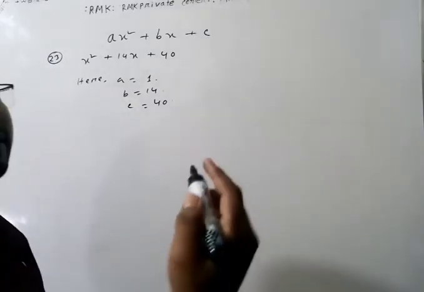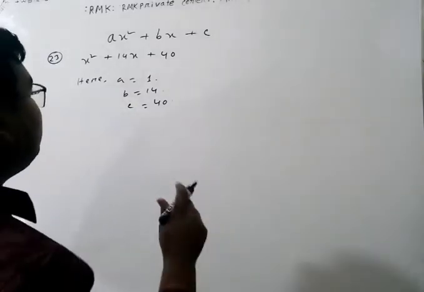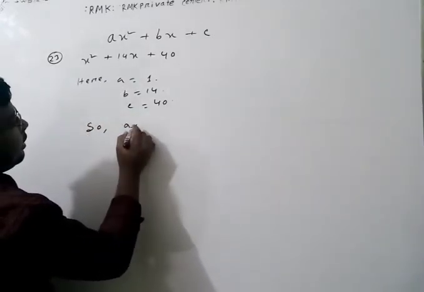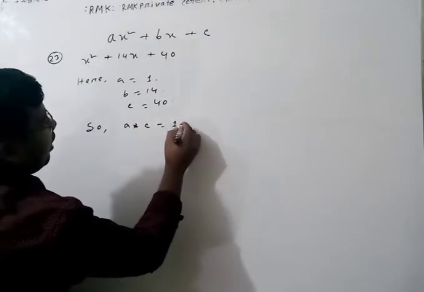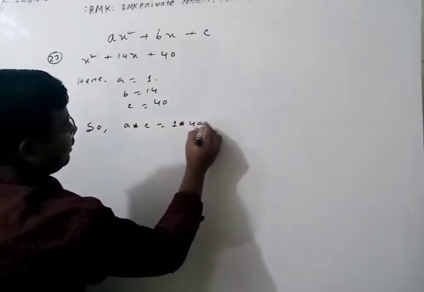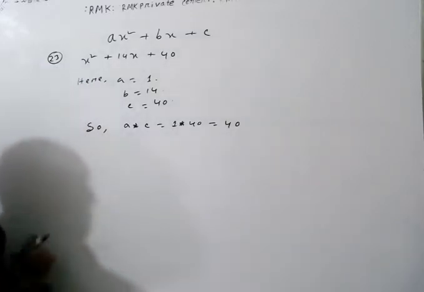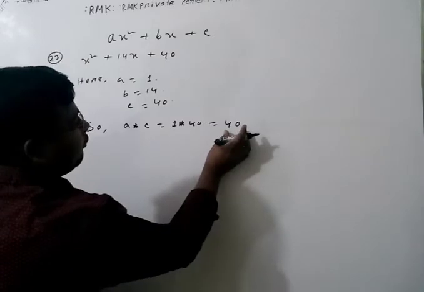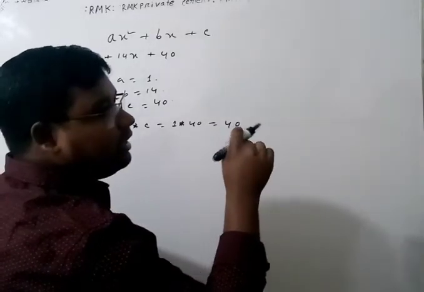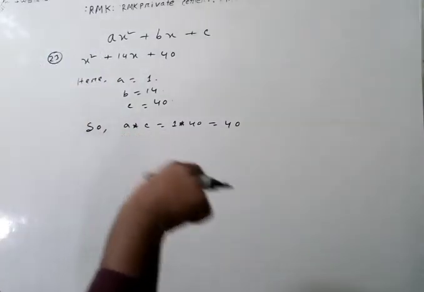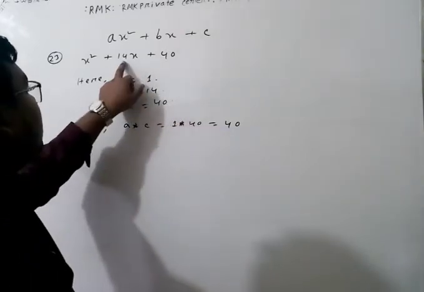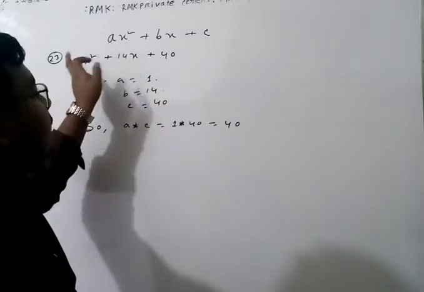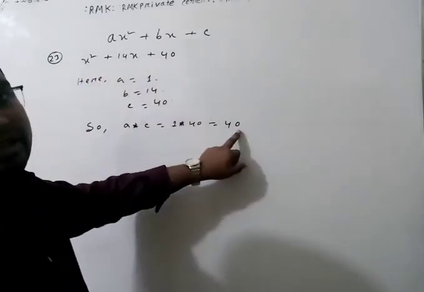What do I say in my formula? I say at first you multiply a and c. So a and c equal 1 into 40. That is equal to 40. Yes or no? Yes. Okay. Then you find any two numbers where the sum of the two numbers is equal to 14, and the multiplication of the two numbers is equal to 40.